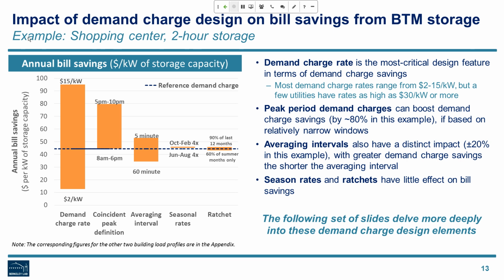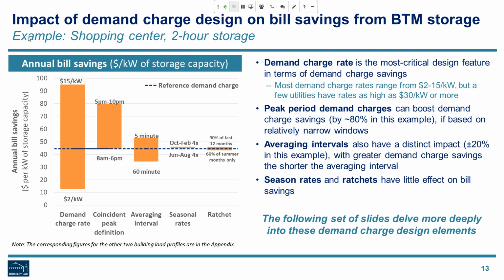And finally, we see that the seasonal rates and the ratchets of the demand charge really have very limited effect on bill savings for the variety of definitions of each of these that we've considered. So the following set of slides are going to delve a little bit more deeply into the demand charge design elements so that we develop more of an intuition behind these trends and why we're seeing these trends.